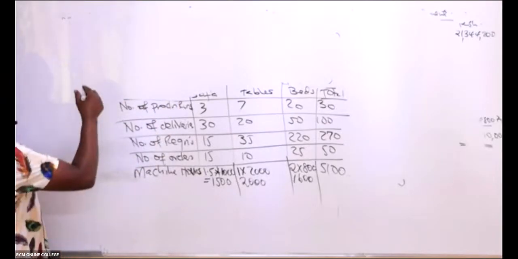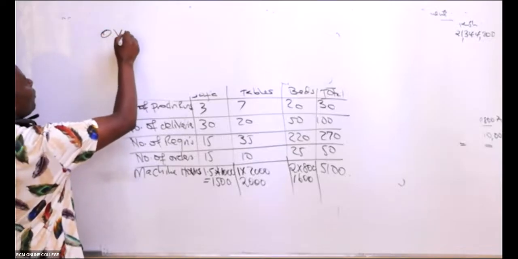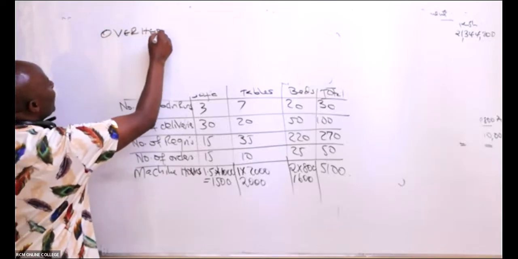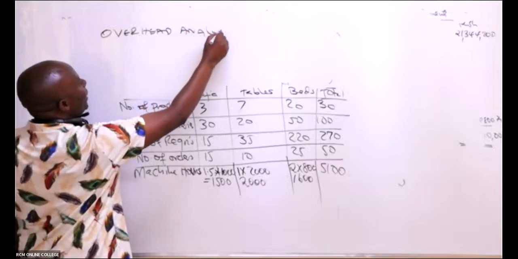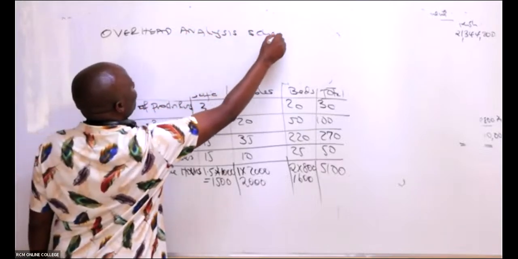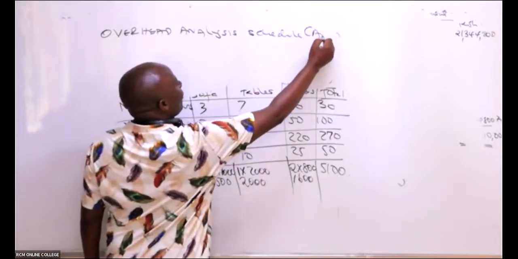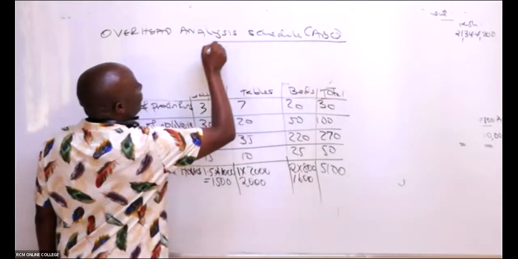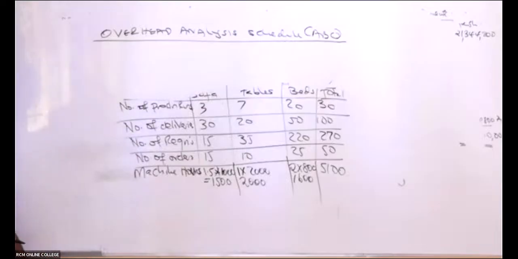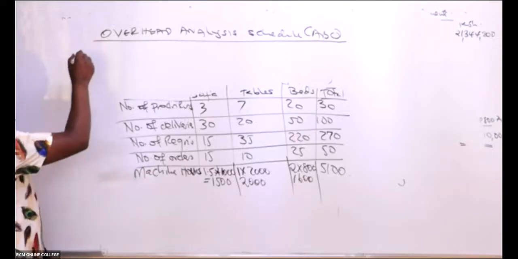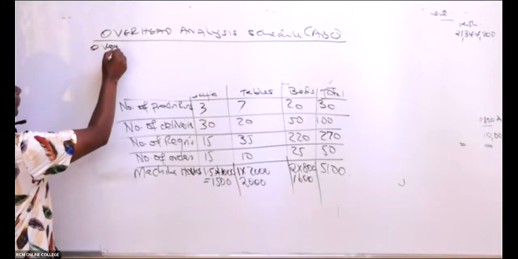And remember, we are using a very important model called ABC. Overhead analysis schedule. So then you have your overhead here.